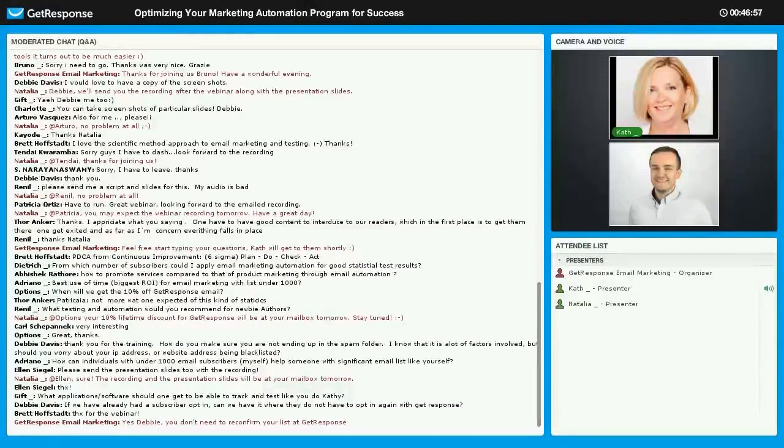Like I said, ESPs like GetResponse have made it really, really easy to set these programs up. But the hard bit is to actually identify the message, identify what it is that you want to achieve with this, and make sure that you're going to be delivering it.